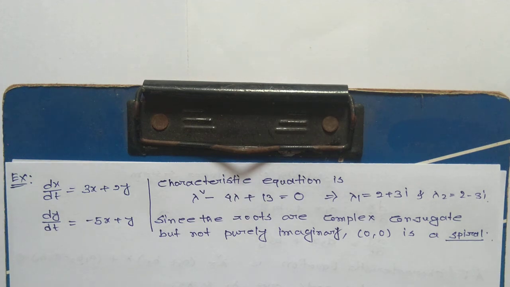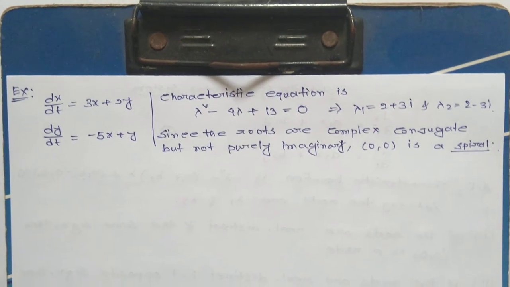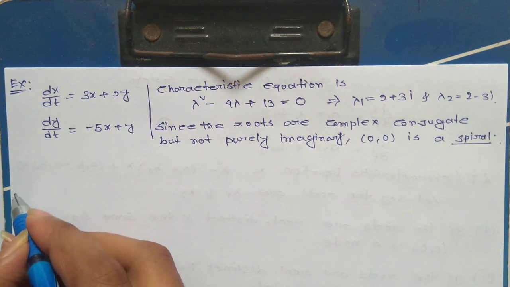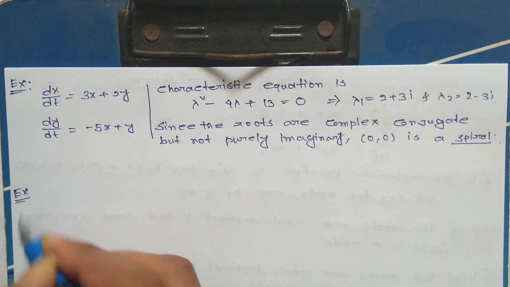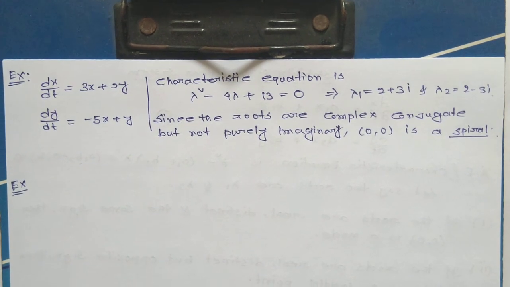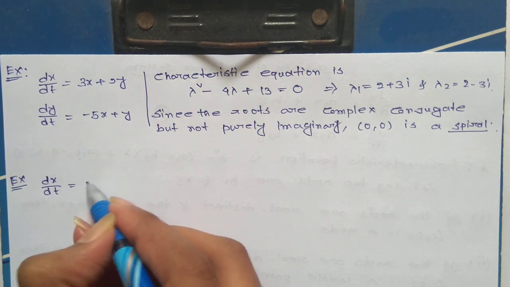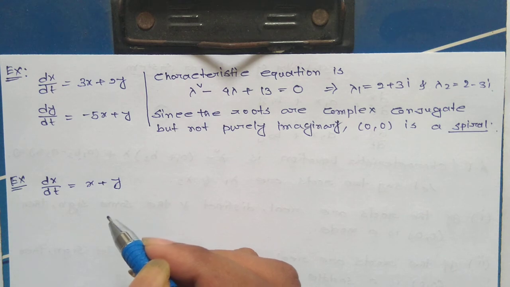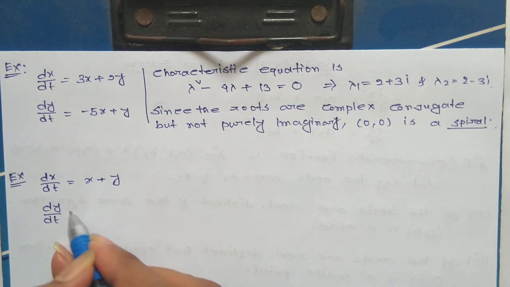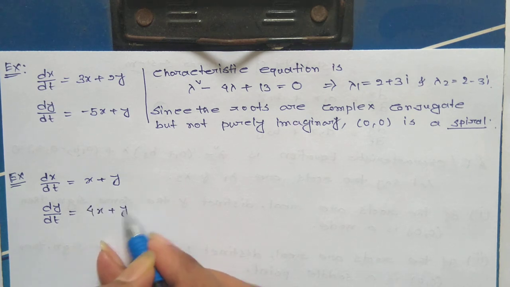Okay, let's take another example. dx/dt equals x plus y and dy/dt equals 4x plus y.